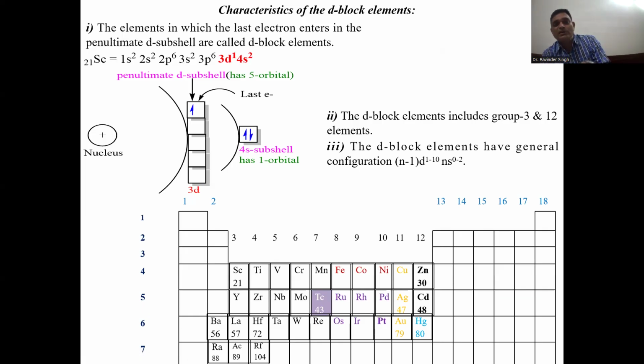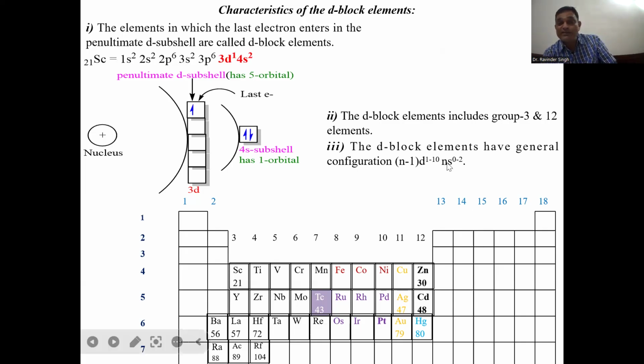Because the electrons are filled in the d subshell: in scandium there is d1, in titanium d2, vanadium d3, chromium d5 due to an exceptional case, manganese d5, iron d6, cobalt d7, nickel d8, copper d10 instead of d9 due to the exceptional configuration, and zinc d10. So the elements range between 1 to 10, and we write (n-1)d 1 to 10.